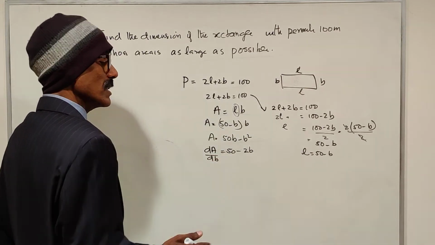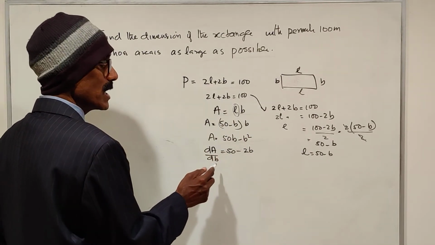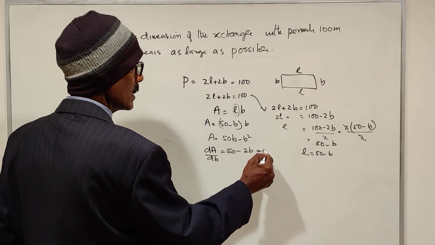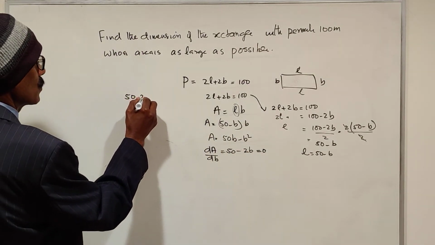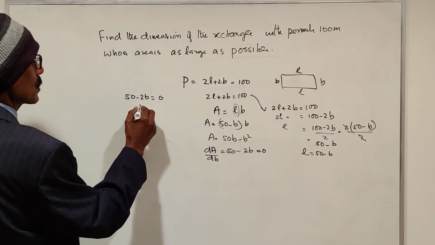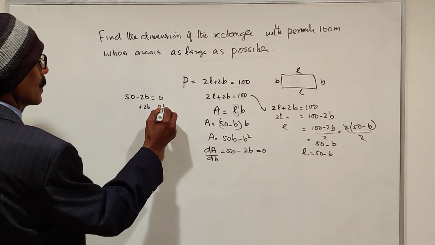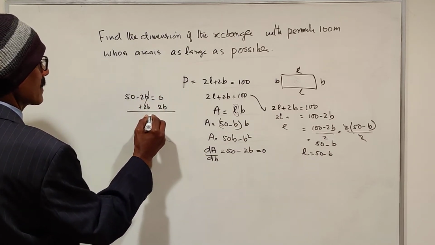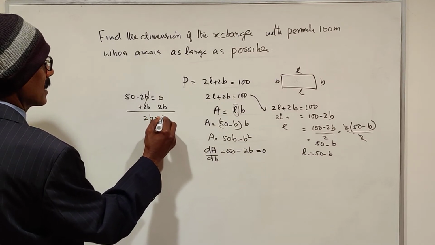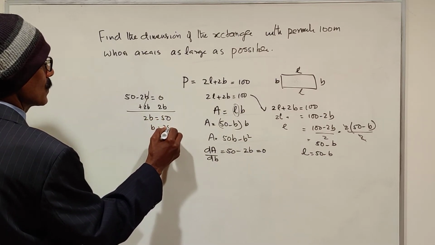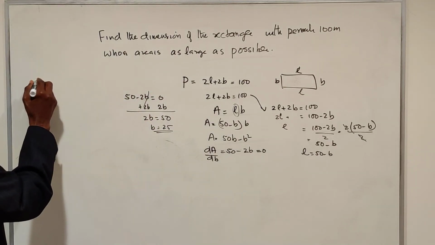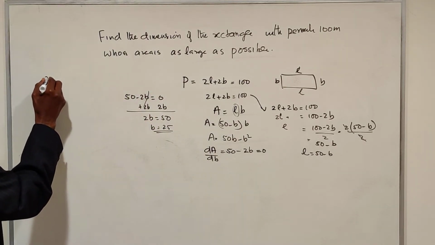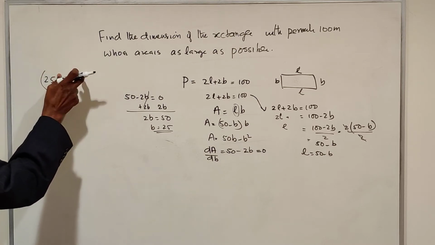At the turning point, dA by dB equals 0. Then 50 minus 2B equals 0. Plus 2B on both sides, so this one cancels. 2B equals 50. B equals 25. So we get the width or breadth of the rectangle, 25. What is the y coordinate?